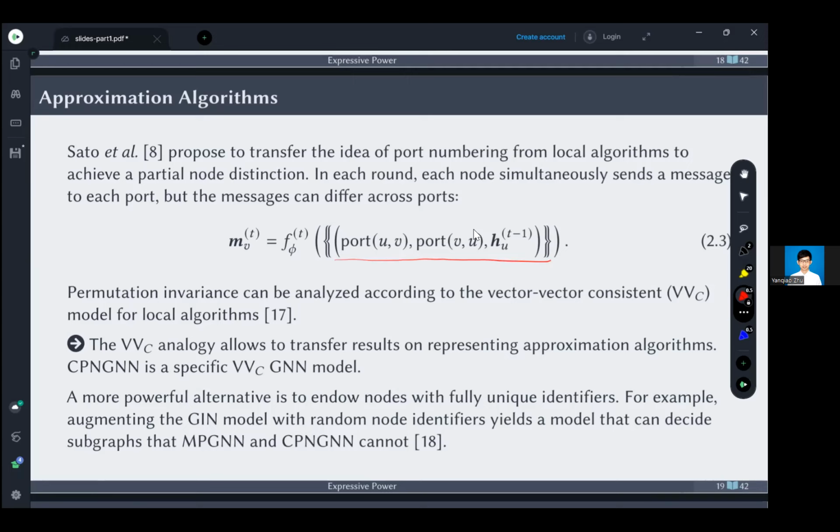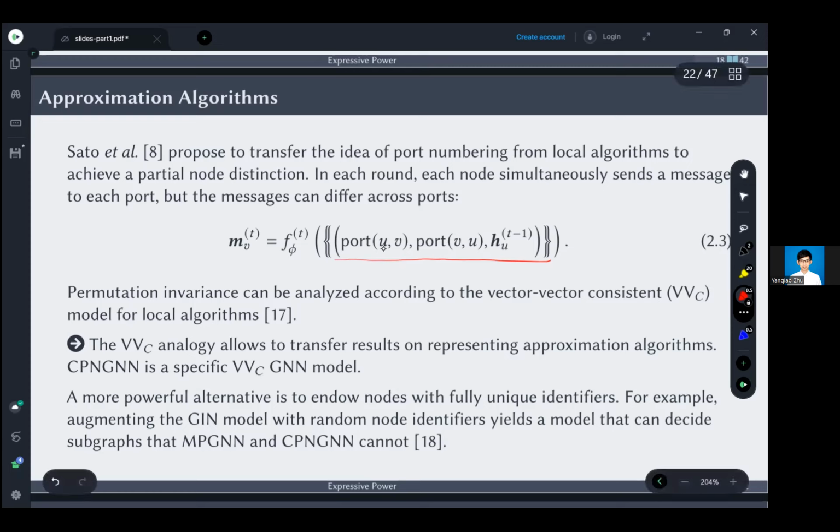In this case, we attach the port number of the source node and the target node, port UV and port VU, besides the node representations themselves, and the remaining part is the same as the graph neural network model. And this work proves that it gives a representation ability improvement in terms of identifying graph isomorphism.